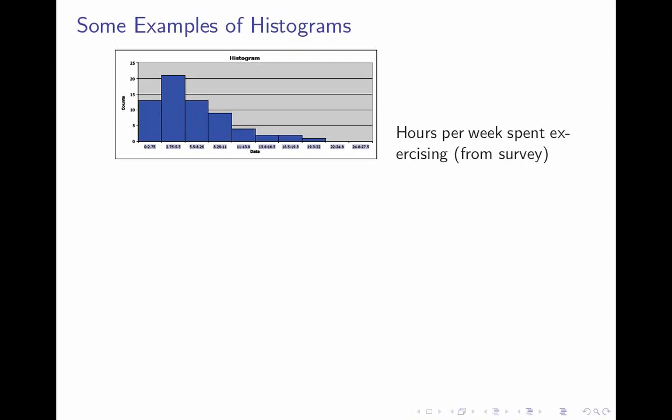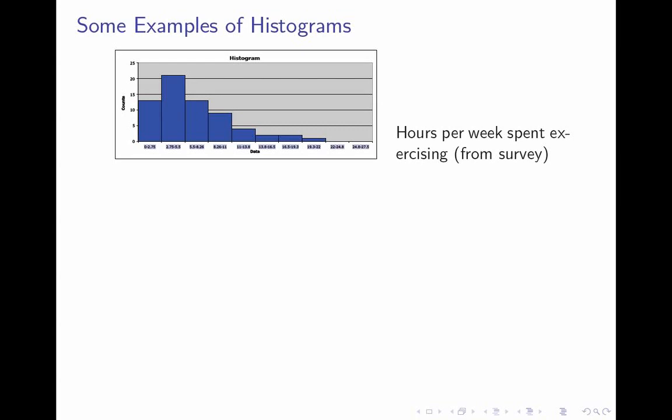What does that shape, the long tail on the right and the short tail on the left and the peak, what does it tell you about the data? Well, it's probably pretty hard to read the bins here. I think the peak is 2.75 to 5.5, but it tells you that most people exercise between 0 and 10 hours a week.